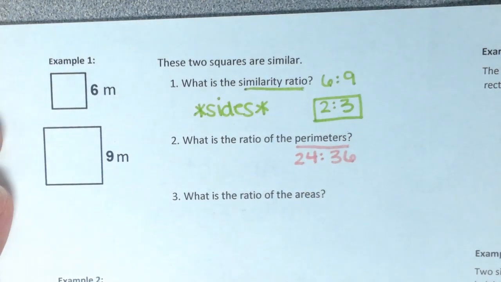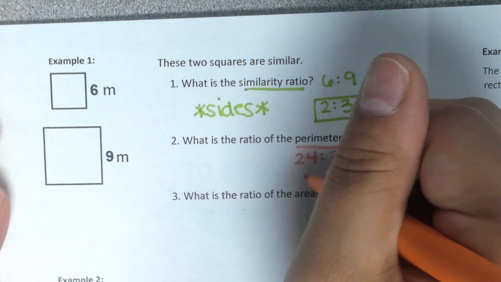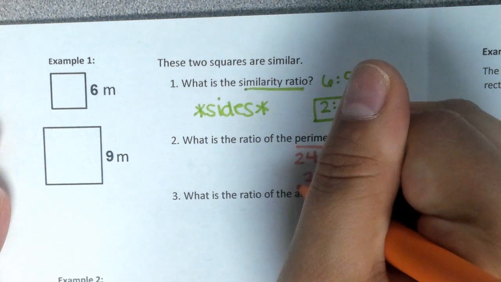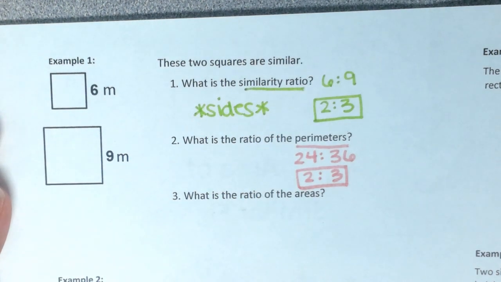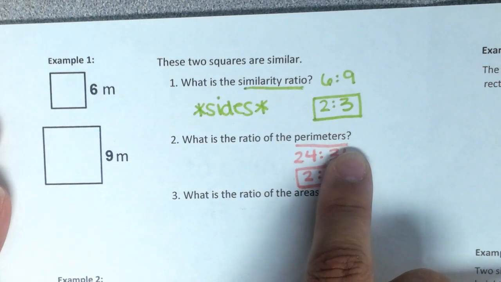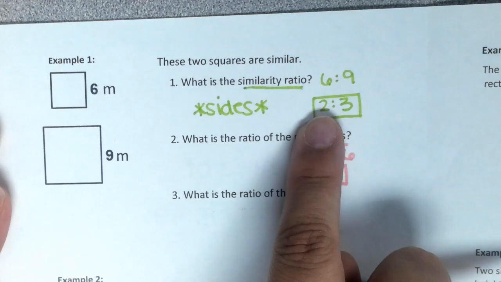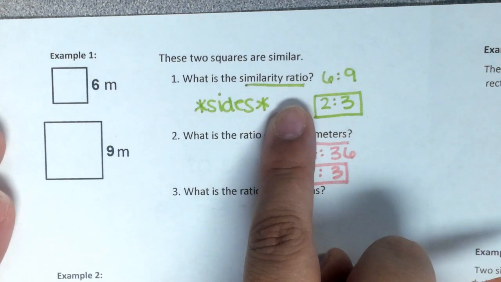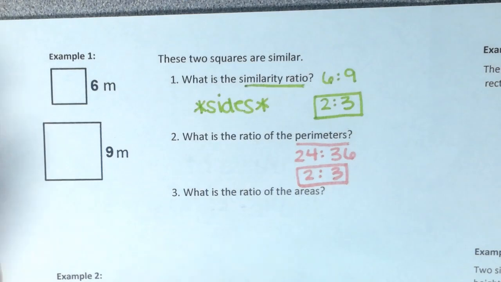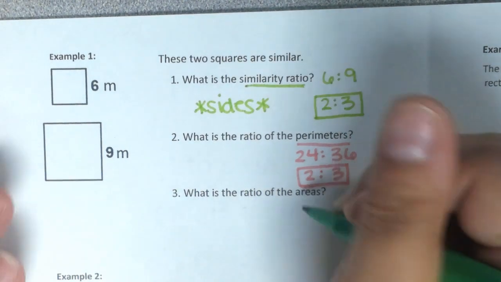What is the largest number I can divide these both by to reduce this? Divide them both by 12, I get 2 and 3. So, my perimeter ratio is not always going to be 2 over 3, but it's always going to be the same as my similarity ratio. Okay?